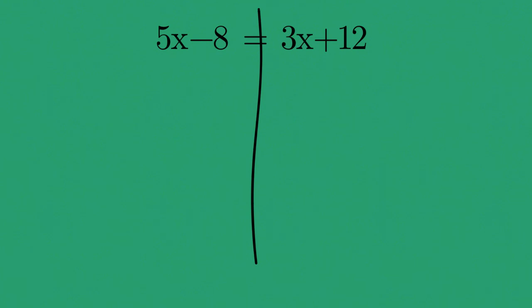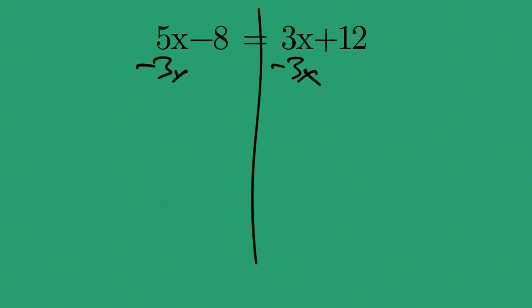Now, I am a person that likes to keep my variables positive, so strategically, I tend to move the smaller one. Between 5x and 3x, which one is smaller? 3x. So typically, here's what I would do.